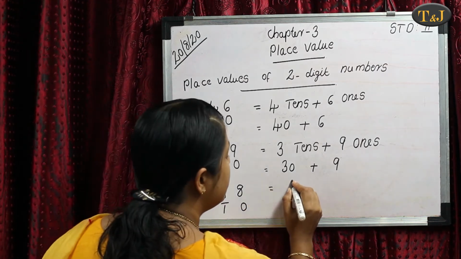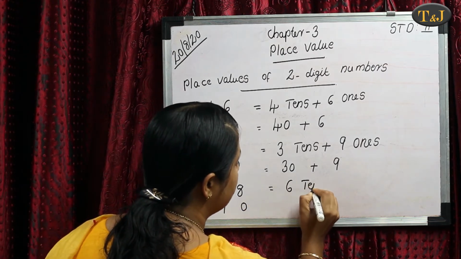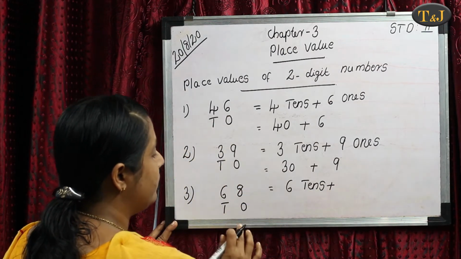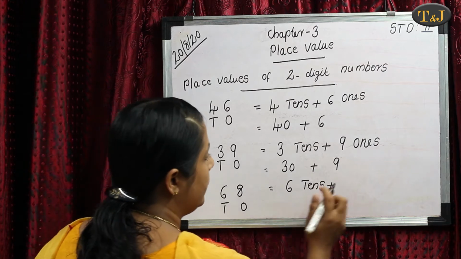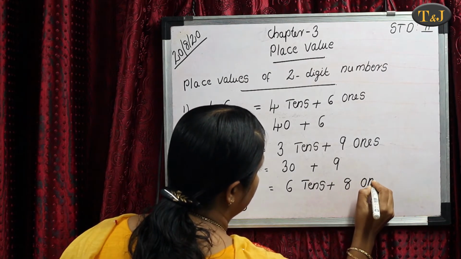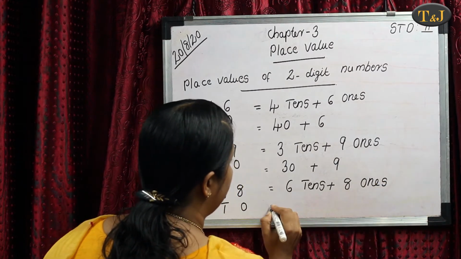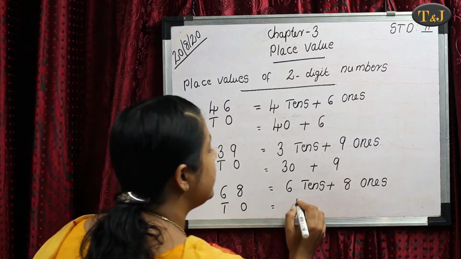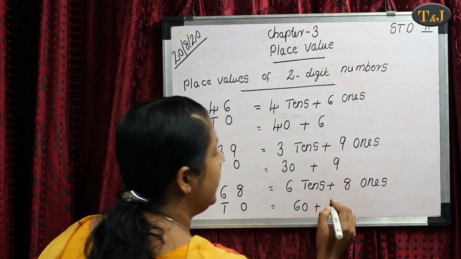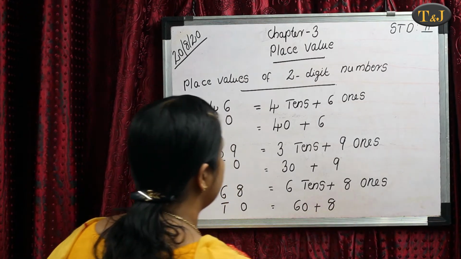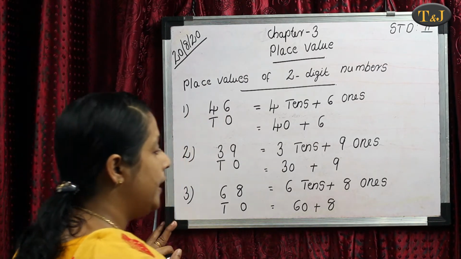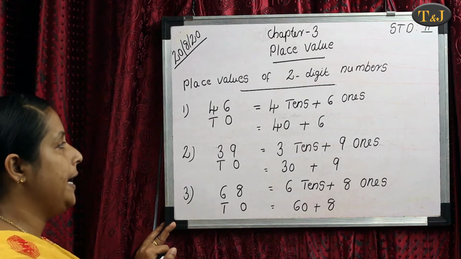So we write 6 tens plus the next number, 8. 8 is in ones place. So we write 6 tens, 8 ones. 6 tens equal 60, plus 8 ones equal 8. Therefore 68 equals 6 tens plus 8 ones, equals 60 plus 8.